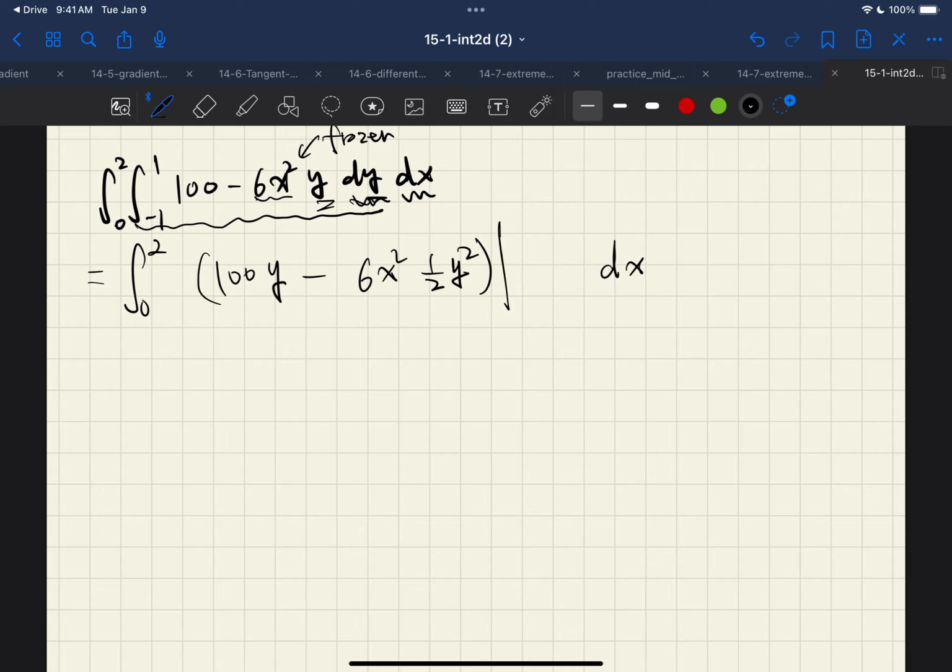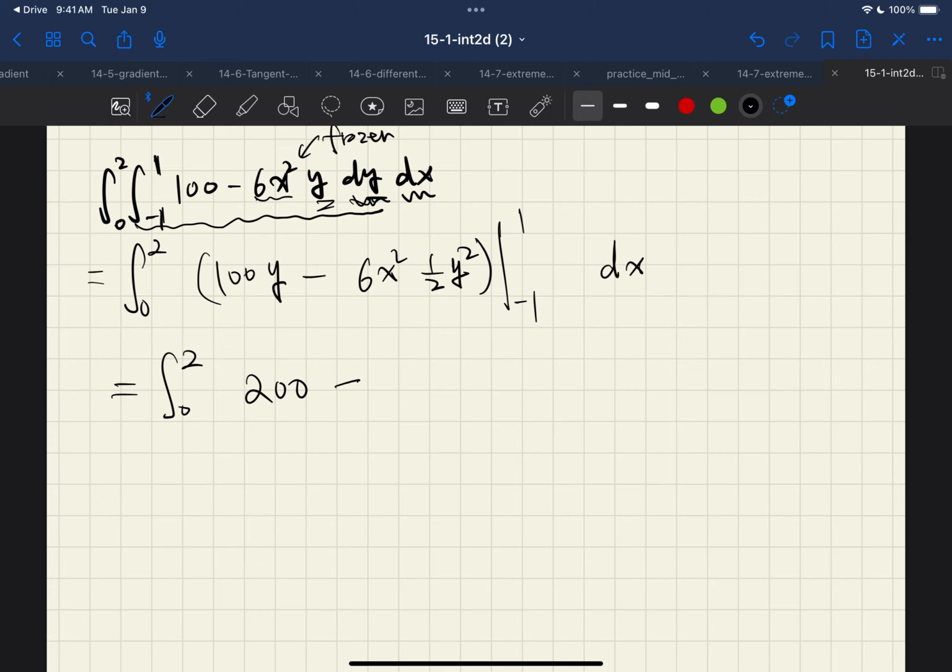And then we plug in the upper and lower limit for this inner integral. Then we get 200, because 1, if you put it in, this is 100, and -1, you put it in, then -100. So 100 minus -100, which is 200.